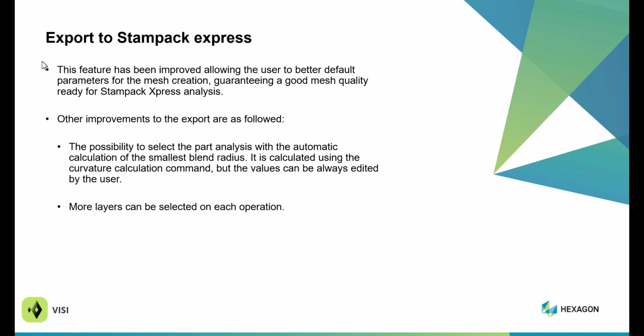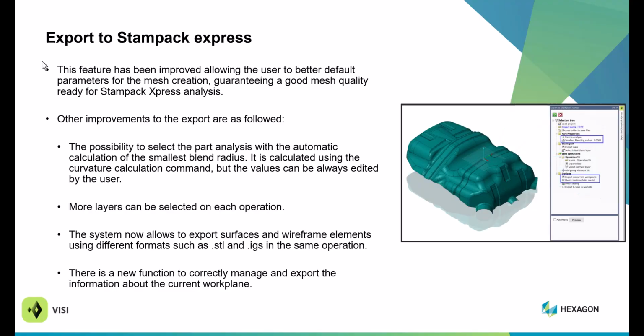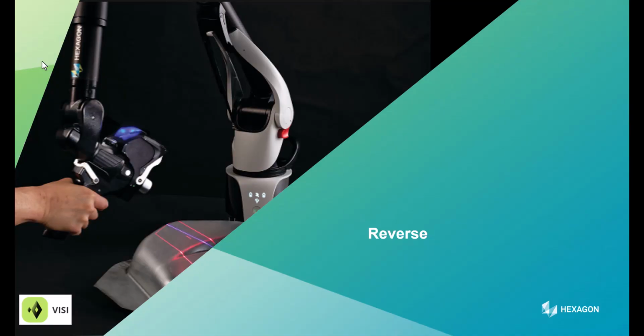More layers can be selected on each operation, and the system now allows you to export surfaces and wireframe using different formats such as STL and IGES. There's also a new function to correctly manage and export the information about the current work plane as well.